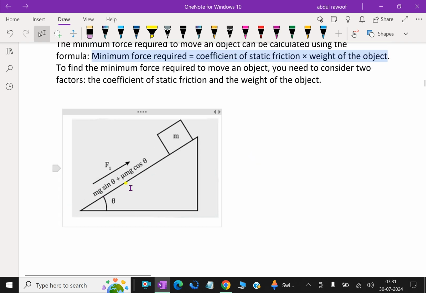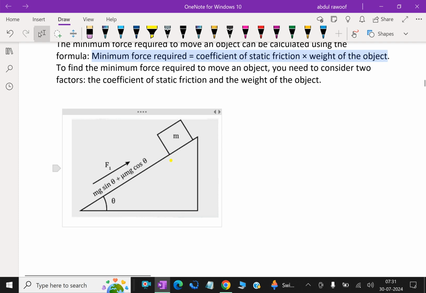This is a slant surface with the angle theta. The body is about to slide down. We have to push up to stop it or move it up. That force is mg sin theta plus mu mg cos theta. This together forms a motion upward or stops the body with limiting friction.